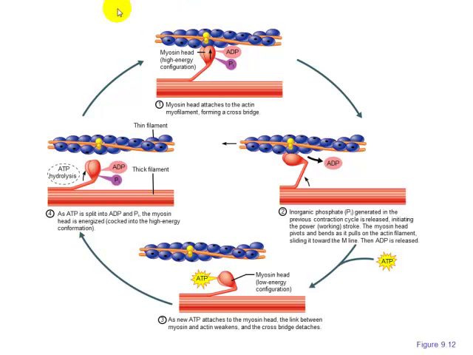When the myosin head is in its high energy configuration, it is interacting here. It is holding on to this ADP and Pi. What that means is it's taken in an ATP and broken the ATP and it's holding on to the energy. That energy is really in the form of that Pi, the inorganic phosphate.